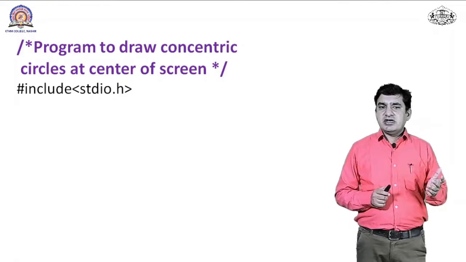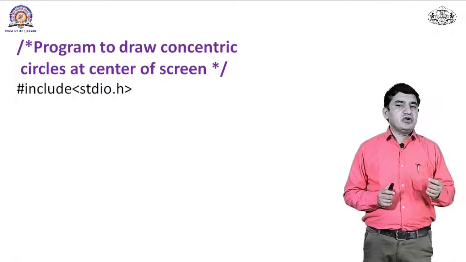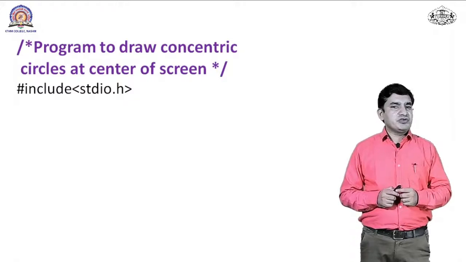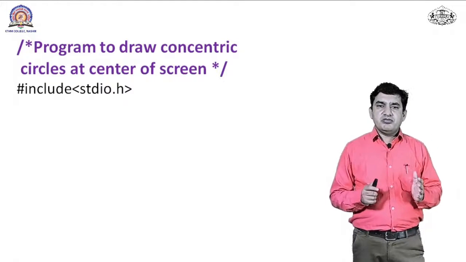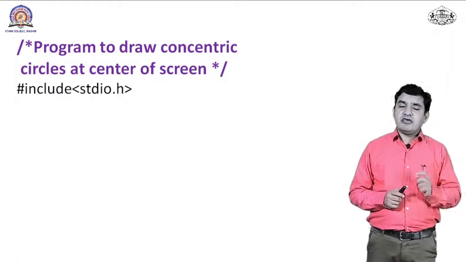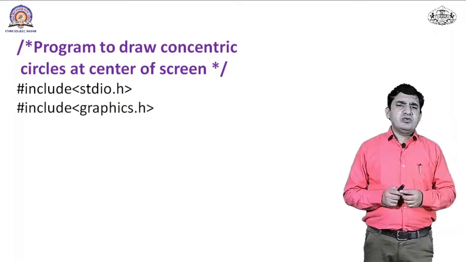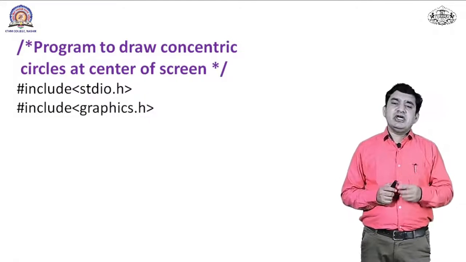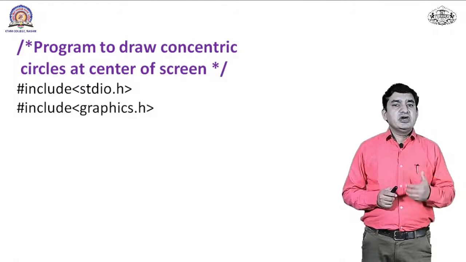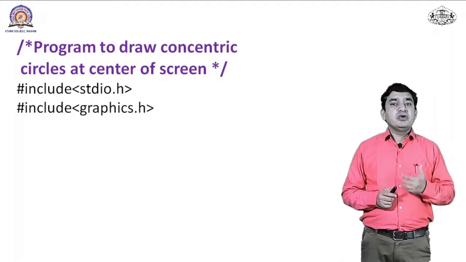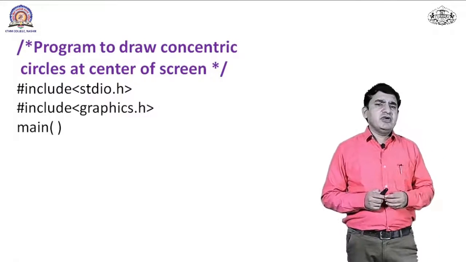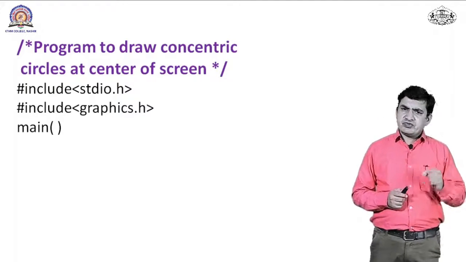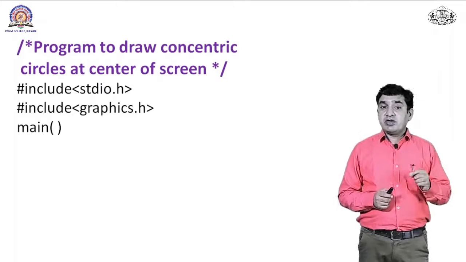Again, first hash include stdio.h. Hash include is a preprocessor directive, stdio.h means standard input output dot header file. Then hash include graphics.h, because we use graphics mode. Next is the main function, which is used to execute the particular code.